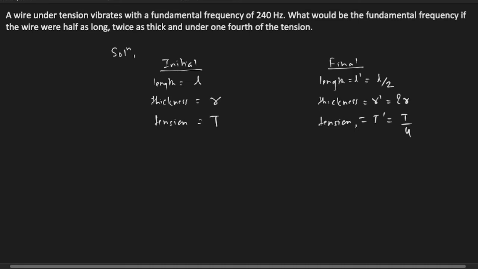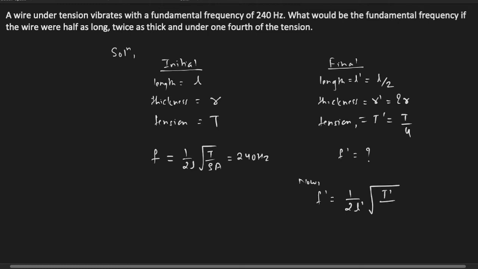Now, in the initial condition, the value of the fundamental frequency is equal to 240 hertz. We need to find the fundamental frequency for the final condition. Here, the formula for fundamental frequency will be 1 by 2L dash, root under T dash by density into A dash.